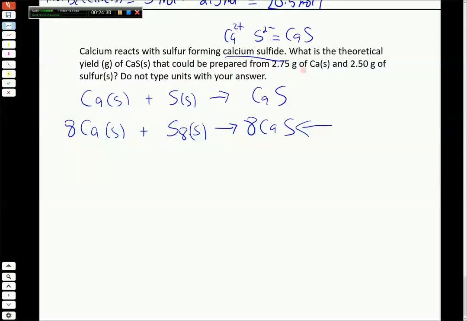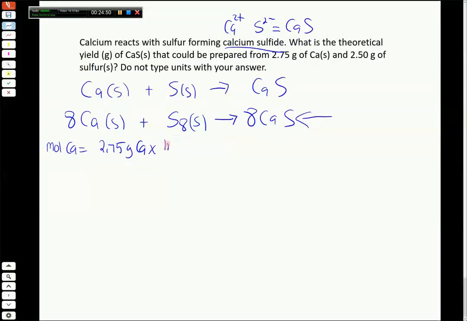Okay, so if we have 2 reactants and we have amounts of both of them, we have to figure out which one's the limiting reactant. So the first thing we do is find moles of each. So the moles of calcium, we have 2.75 grams. And we're going to use the atomic mass of calcium to convert grams into moles.